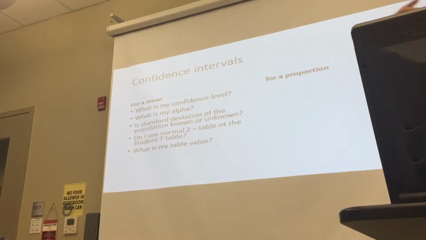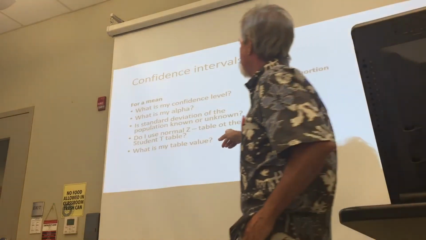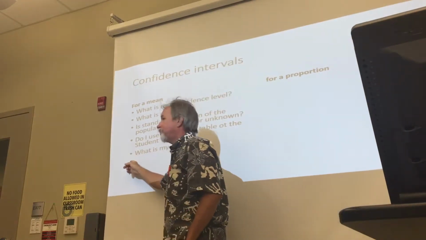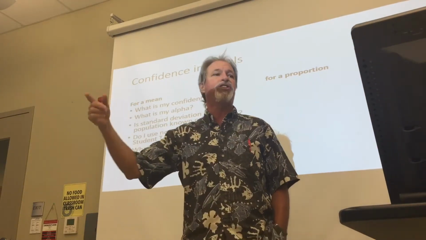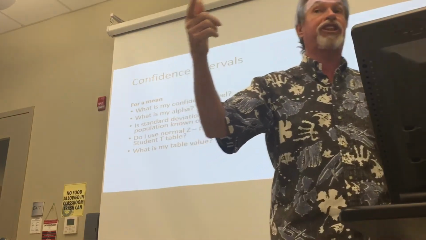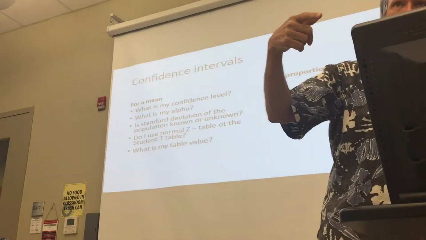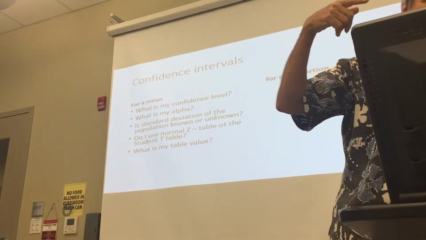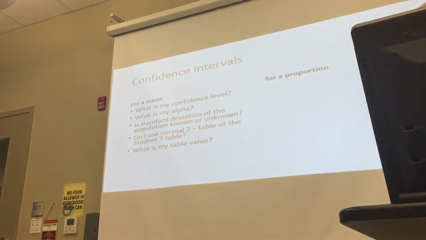Which means you have to be able to look up a value in the table. The T table is actually easier to use than the Z table. I like easier.